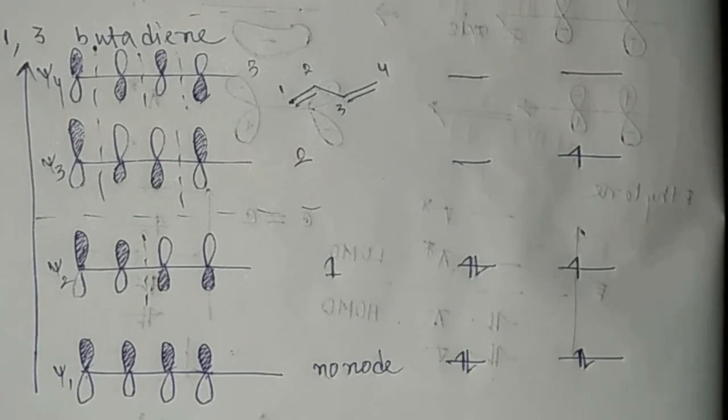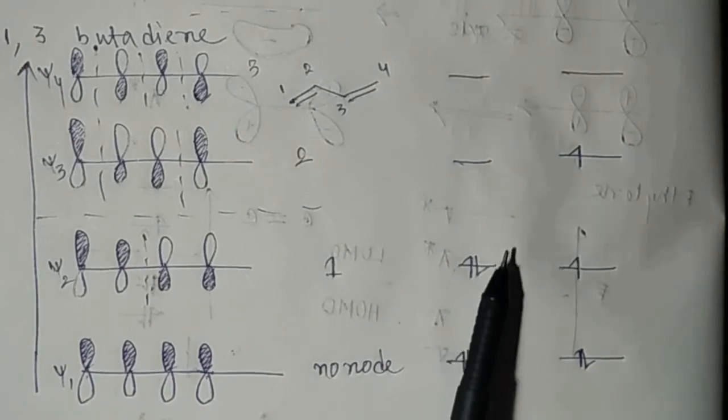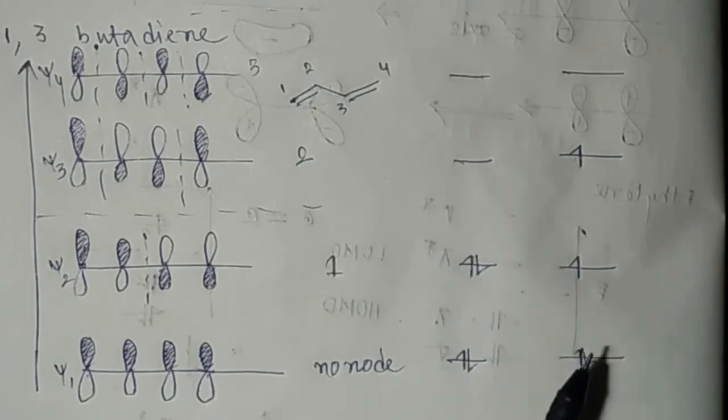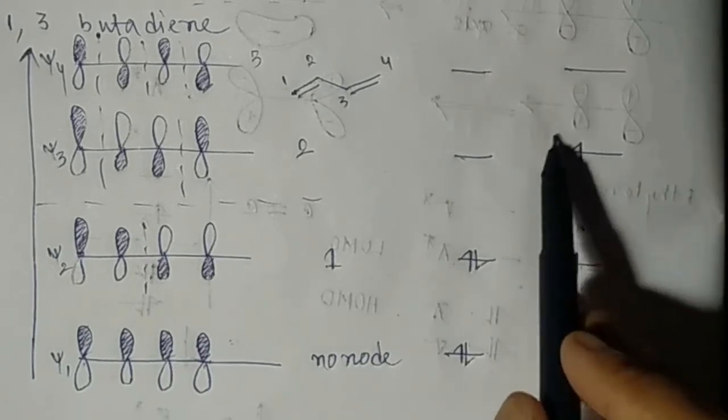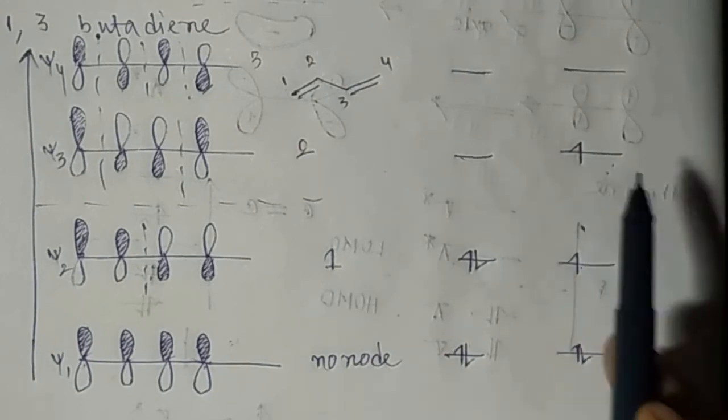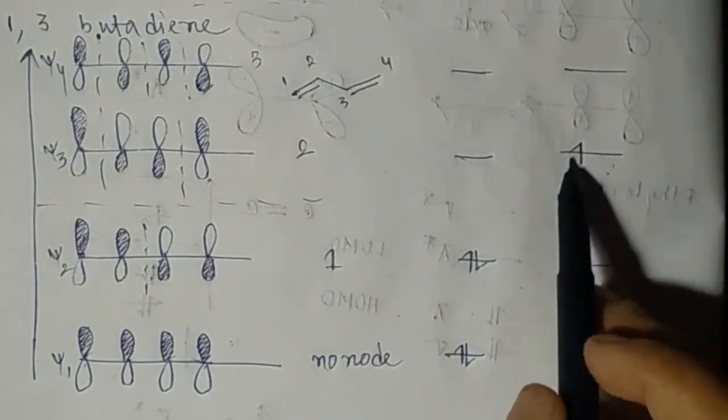So in the ground state, this is HOMO and this is LUMO. When they are in the excited state, this is the highest occupied molecular orbital, that is why this is called HOMO, or you can say this is SOMO.